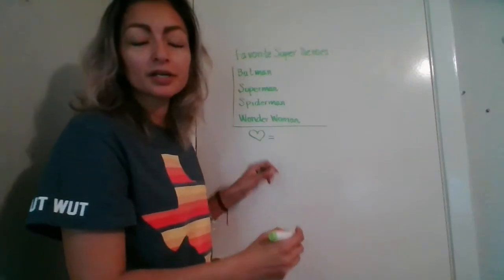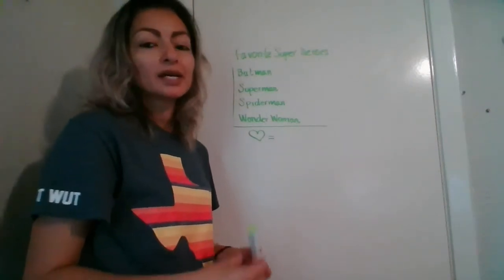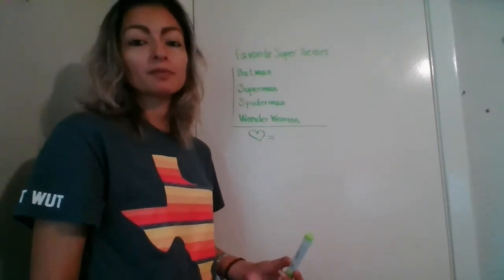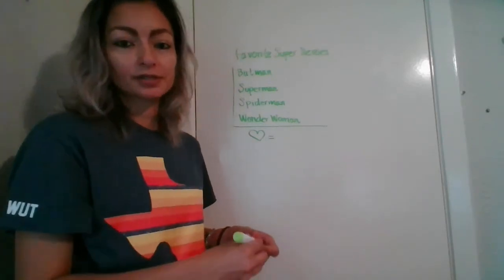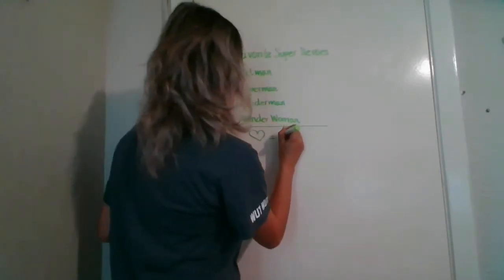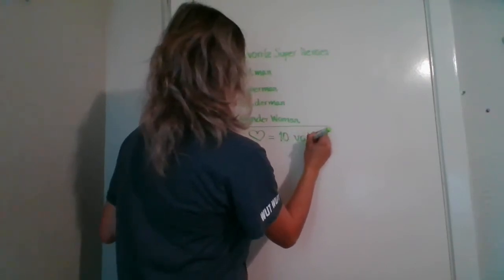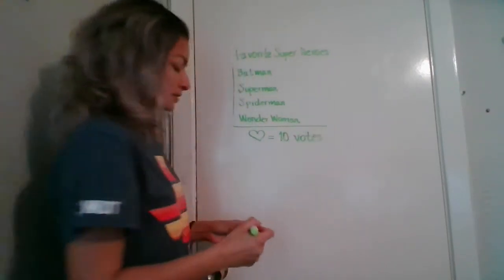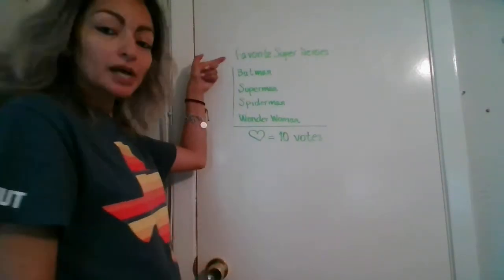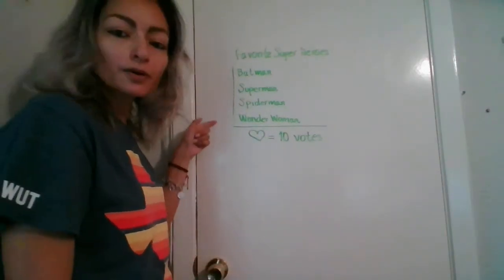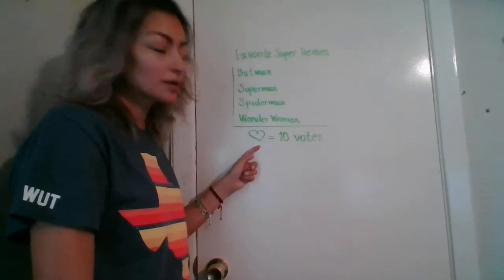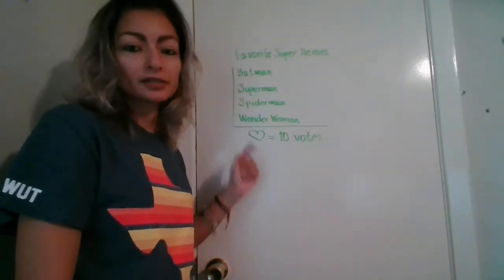And each heart is going to represent 10 students or 10 people that voted for that specific superhero. So now I have my title, my categories, my symbol, and the value of that symbol.